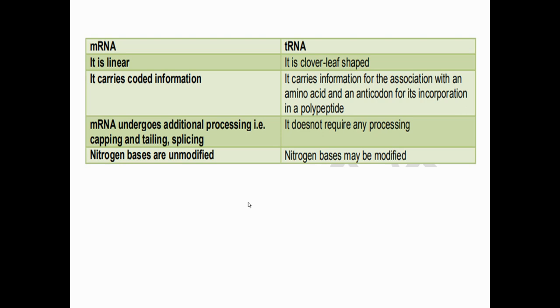So there will be no further processing of the tRNA molecule. In the mRNA molecule, nitrogenous bases are unmodified, but in the tRNA molecule, they are quite modified. As you know, there will be activation of the tRNA molecule with the help of the amino acid, so there will be some changes in the nitrogenous bases in the case of tRNA.